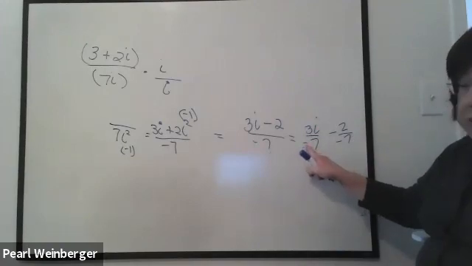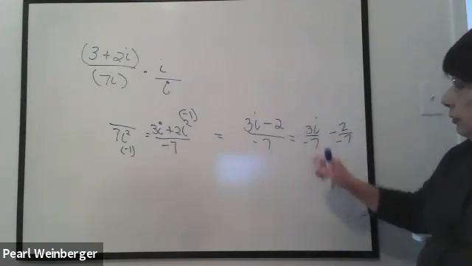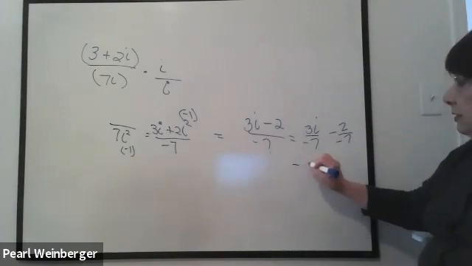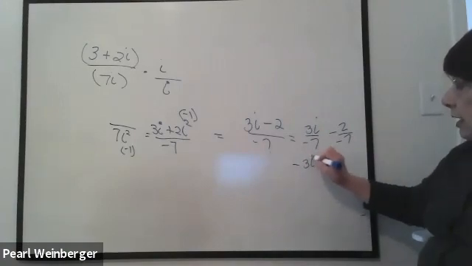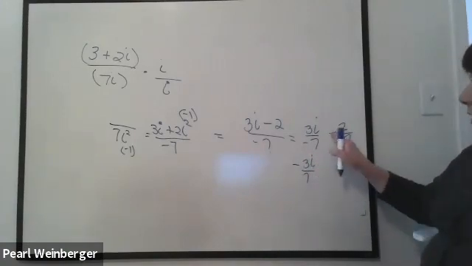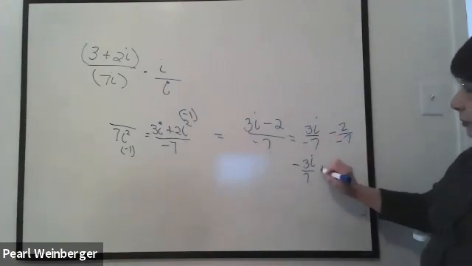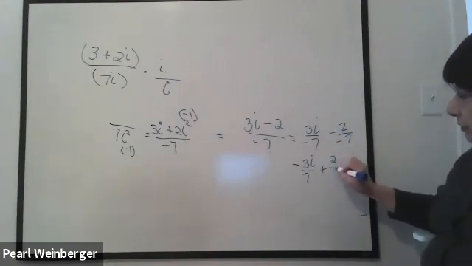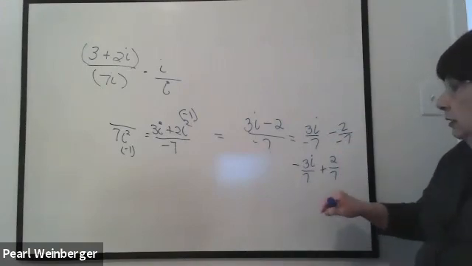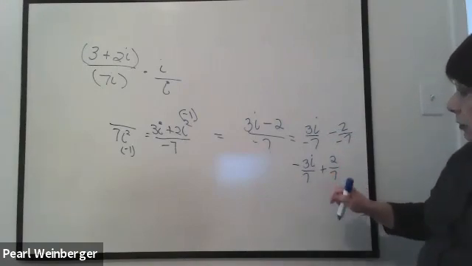Now, when there's a negative in the denominator, we generally bring it up front. So this becomes negative 3i over 7. And here a negative becomes a positive, which is 2 over 7.